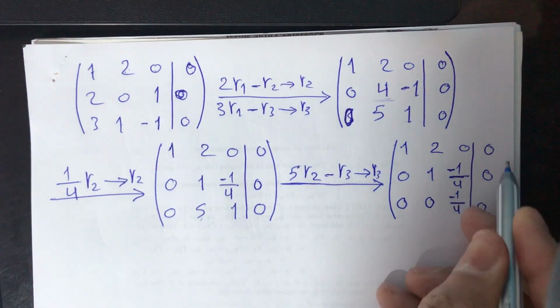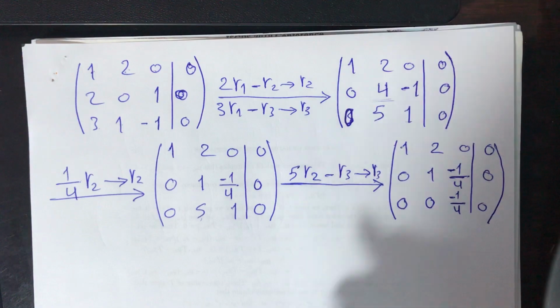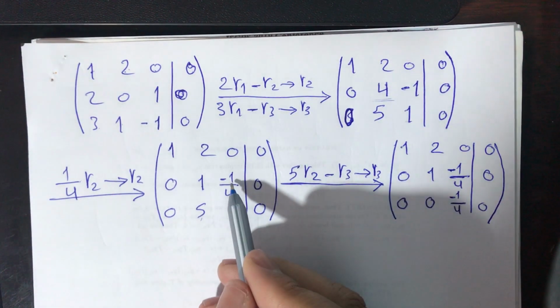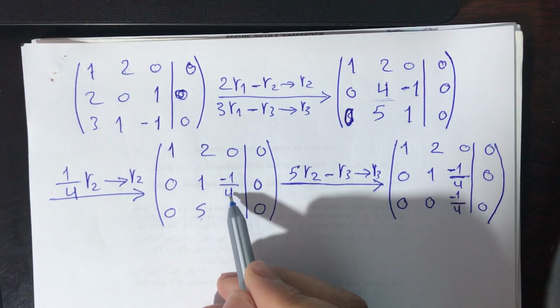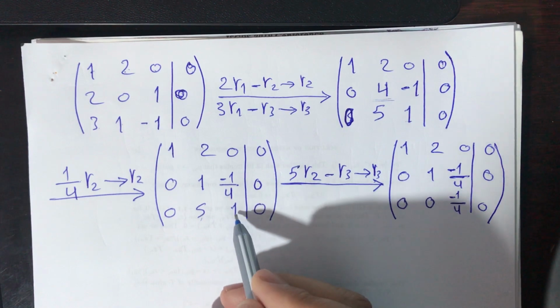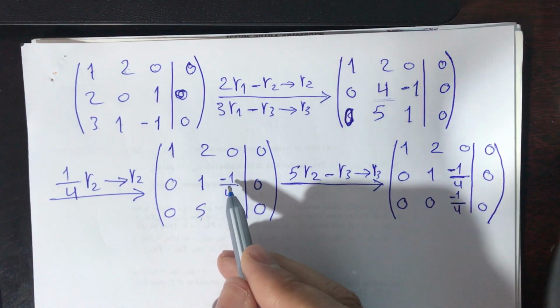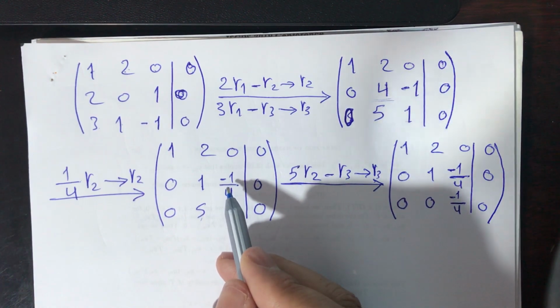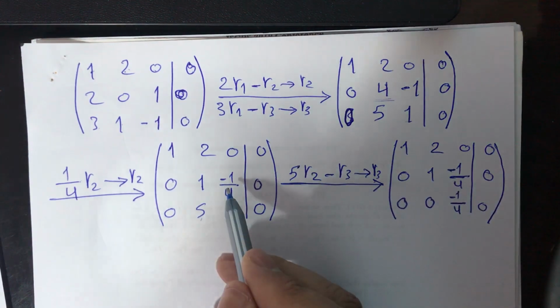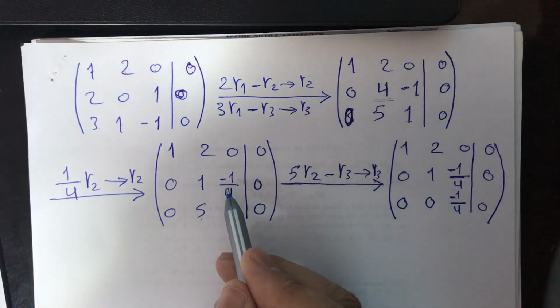Okay, because this is minus 5 over 4, that means minus 1 will be minus 1 over 4. This will be 1 over 4.